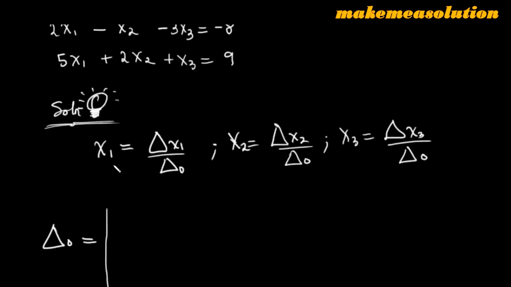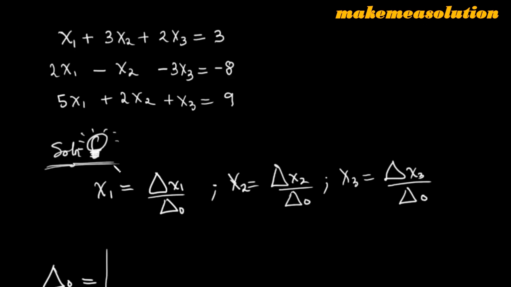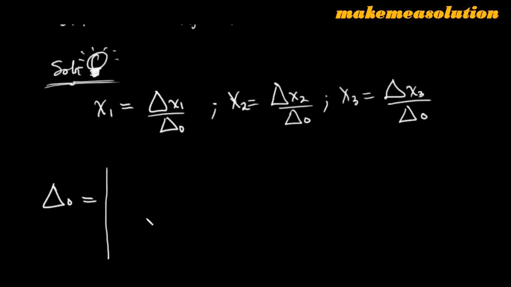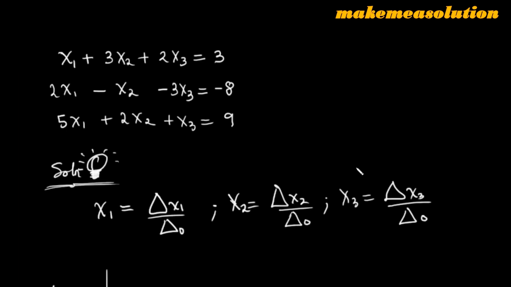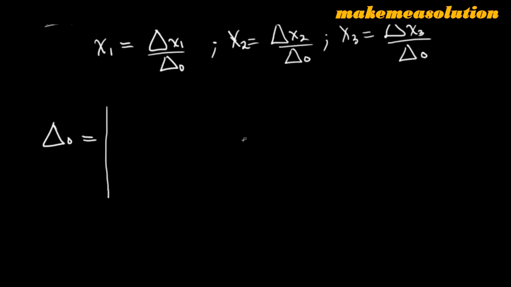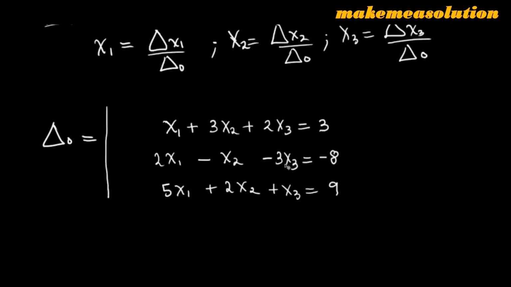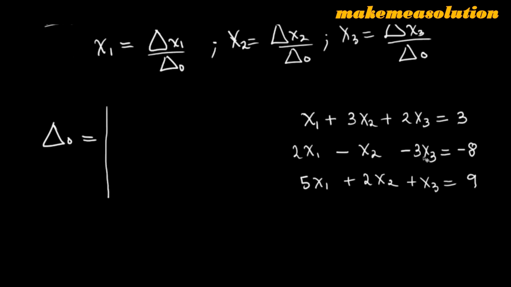We are just basically focused on the coefficients. I'm going to copy this out so that it will make it easy for us to not scroll up and down. So I'll put it here, and we are going to build our 3 by 3 matrix like this.